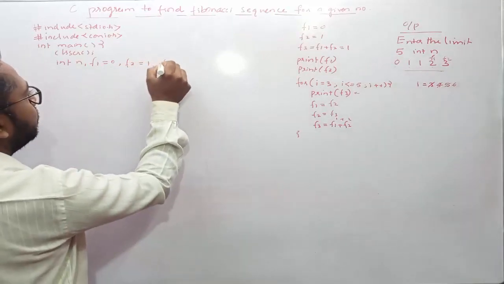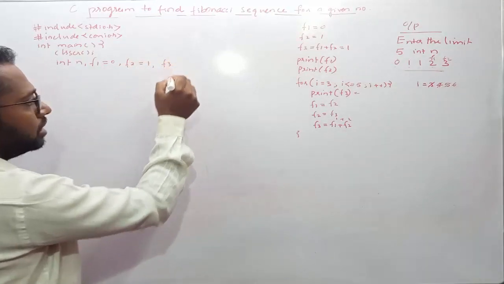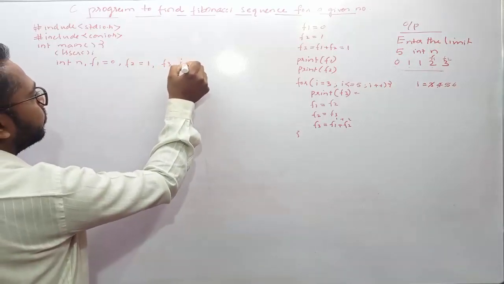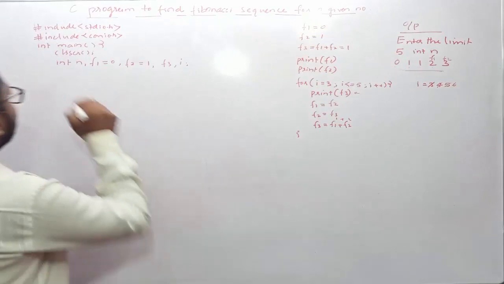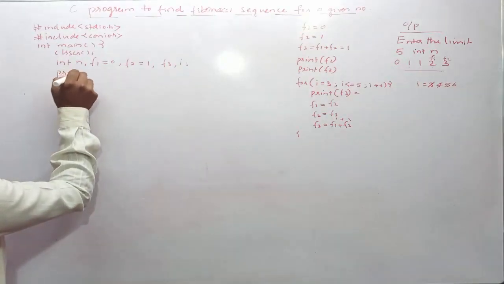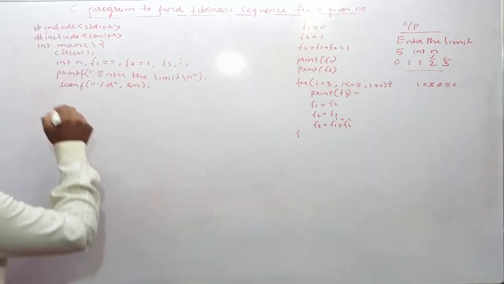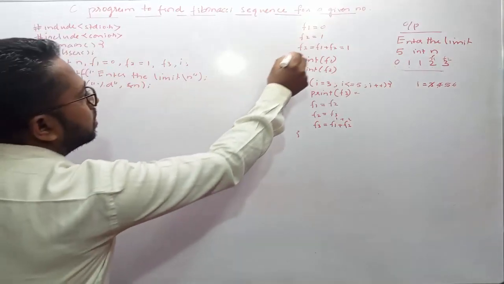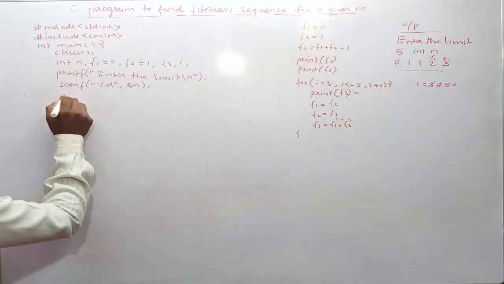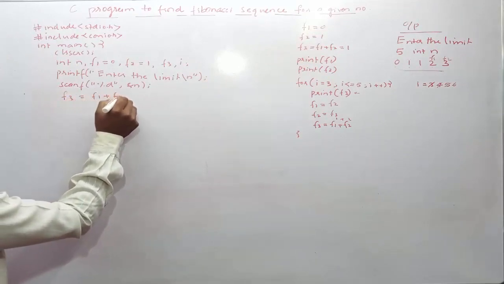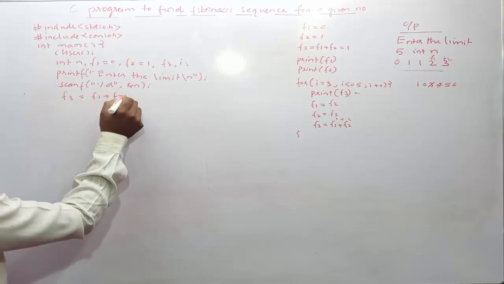Then F3 is something which we need to calculate in our program, and then i, semicolon. Next, display the message %n. Now we will first add Fib1 and Fib2. Fib3 equals Fib1 plus Fib2, semicolon.